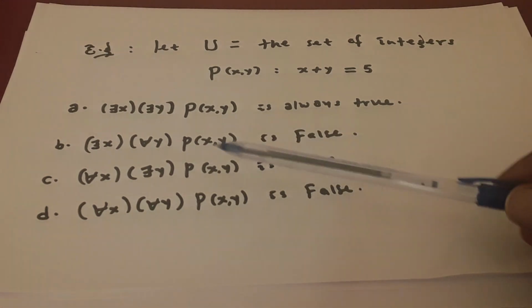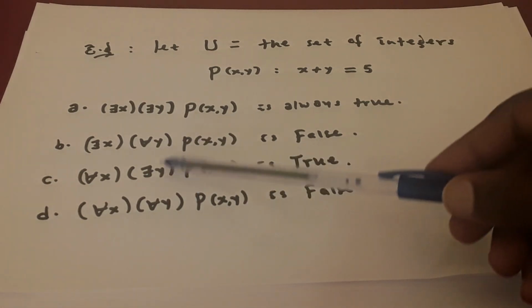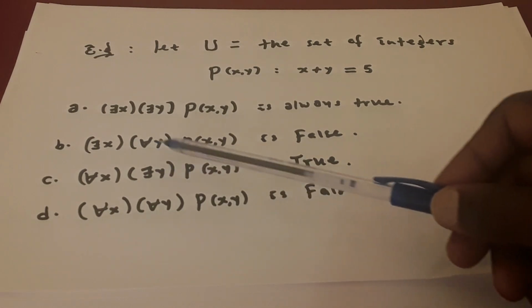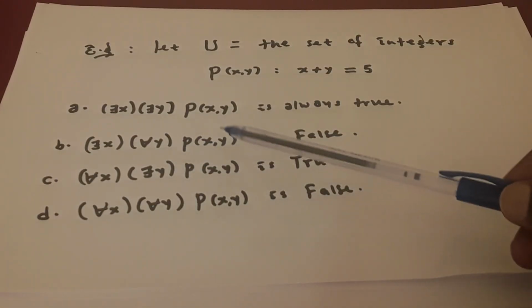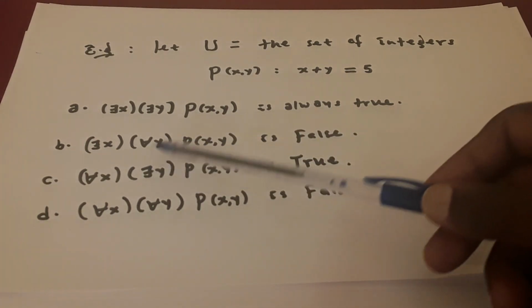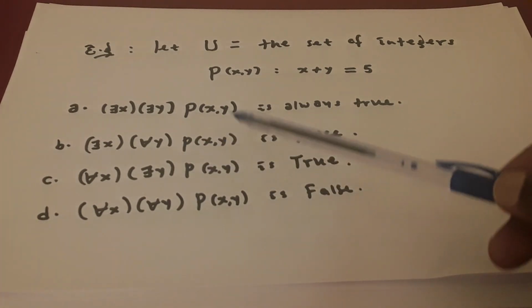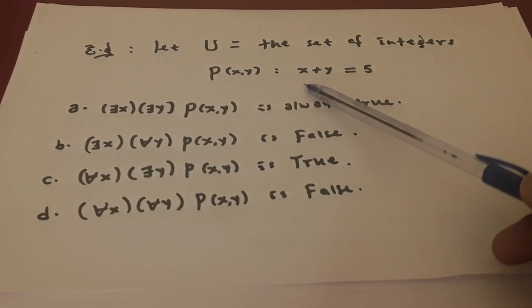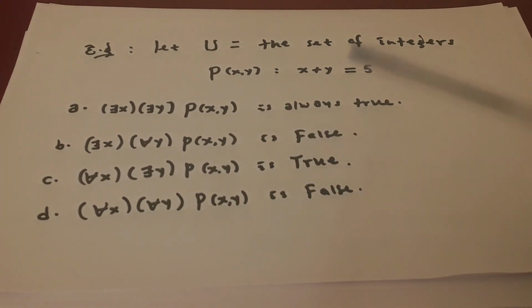But now, for some x, there is an integer x which stands for all y, for which p of x, y holds. This means there is an integer x such that for every y, x plus y equals 5. This is false. We have no fixed integer, since no fixed value will make this true for all y in the universe.